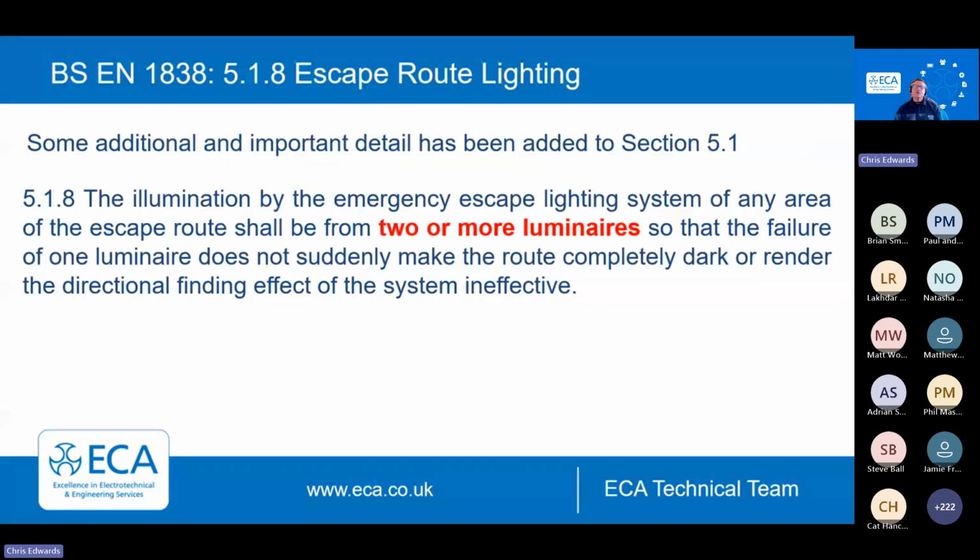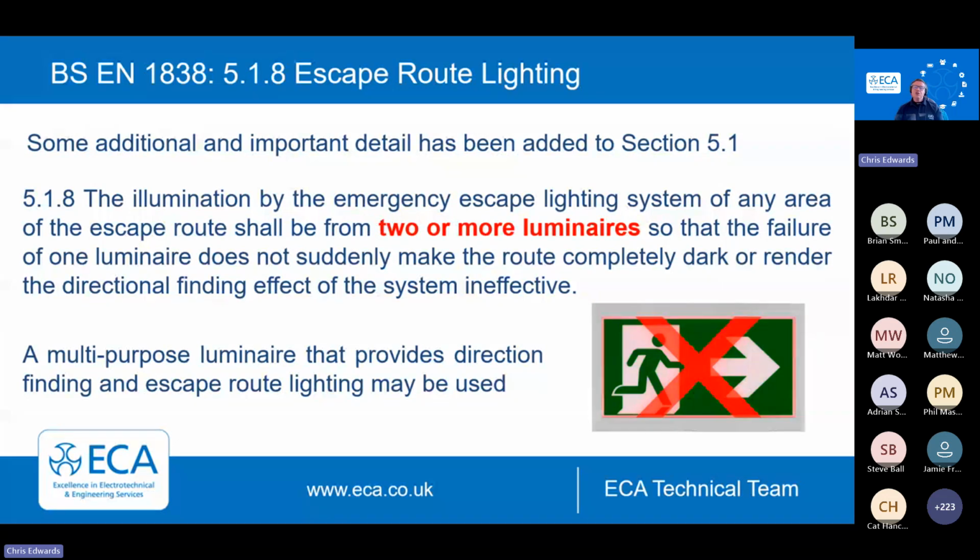Now, this is to cover us in the event of redundancy, I suppose, or fault. In the event one light doesn't work in our emergency situation, we don't want that whole emergency exit to be deemed useless just because there's a failure on one element. So to cover that, it is now a requirement for 2 or more luminaires to light every section of an emergency escape route.